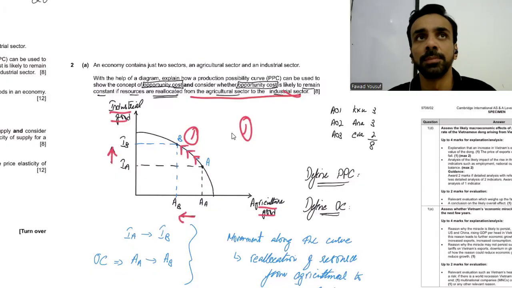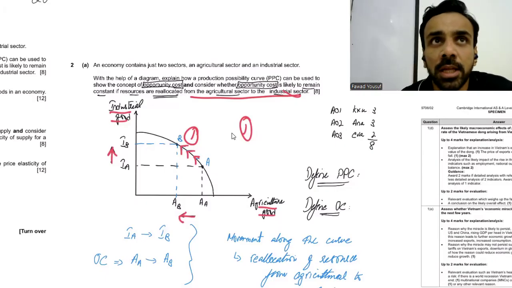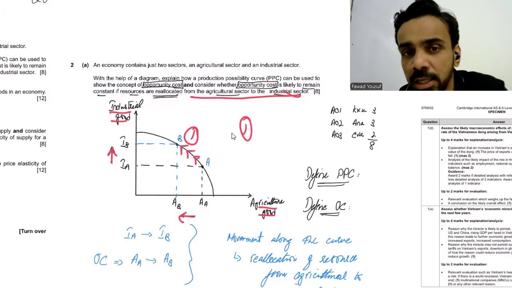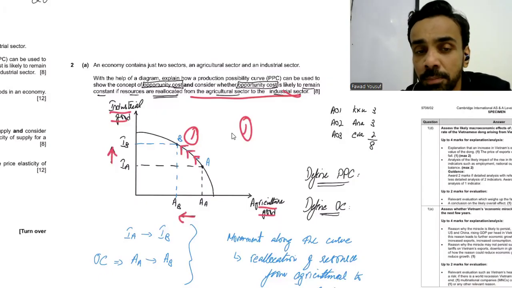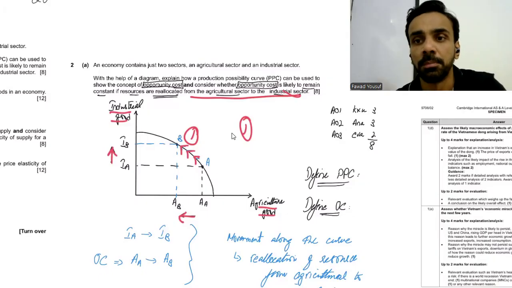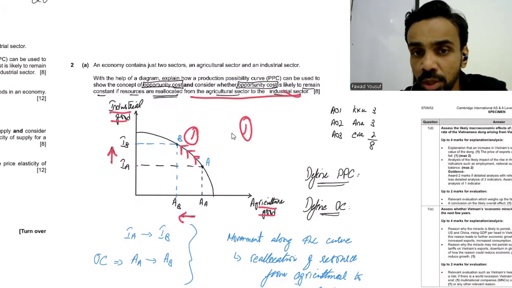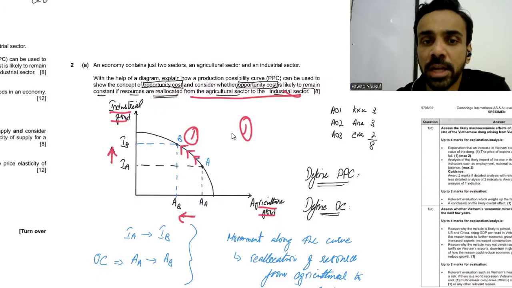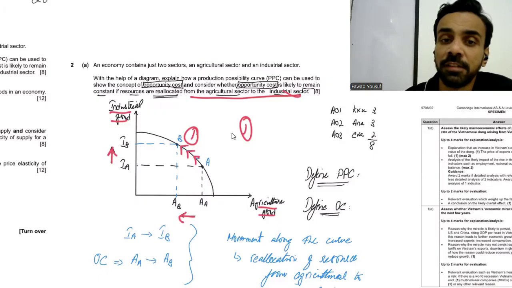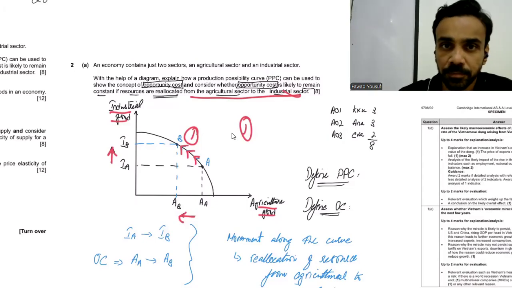Because for some agriculture-based economies, moving to industrial may not be easy. There are obviously inherent problems in moving the resources, because sometimes not all resources can be moved. They're not mobile for industrial goods. So these should be your evaluative discussions in that instance.